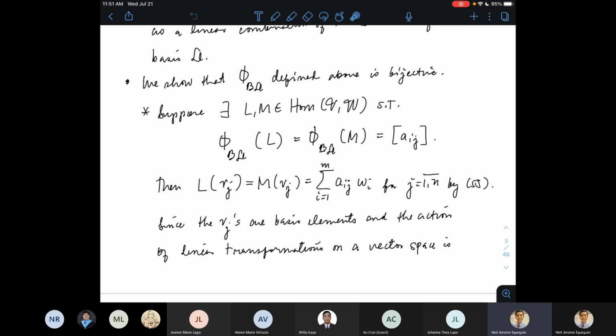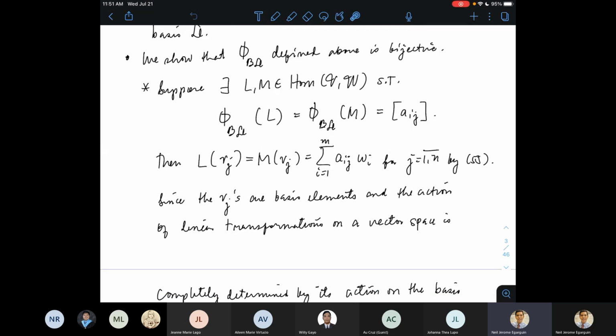So if that is the case, ibig sabihin, L and M have the same action on the basis elements. All right? Eh, anong sabi natin sa linear transformation from before? We said that linear transformations are completely determined by their actions on the basis elements.